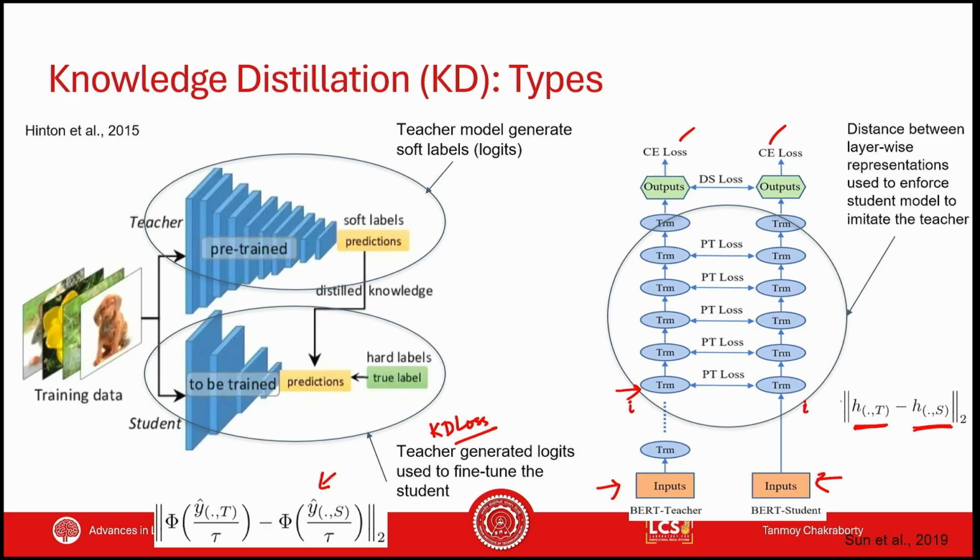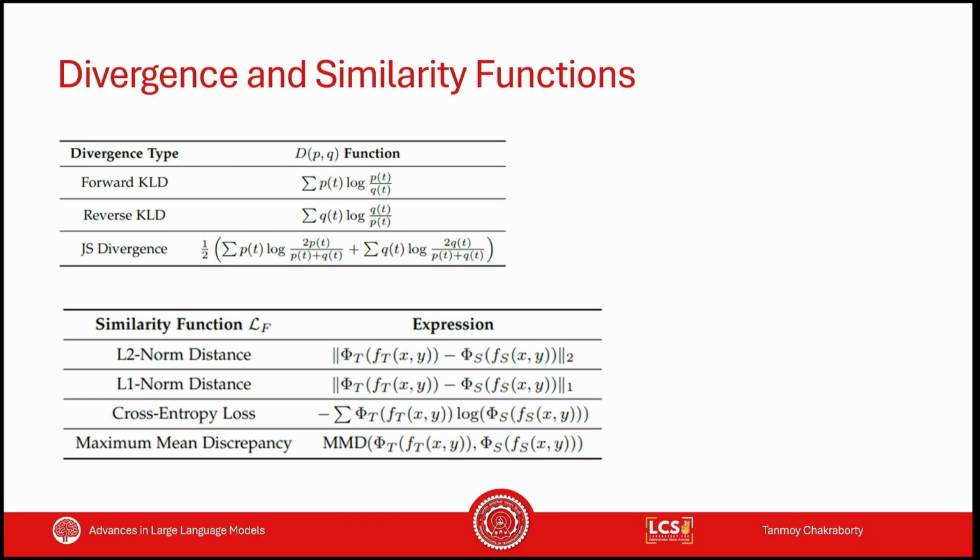They suggested that along with the KD loss, you compute this layer-wise loss, take the sum of them, and then backpropagate this loss only through the student model.